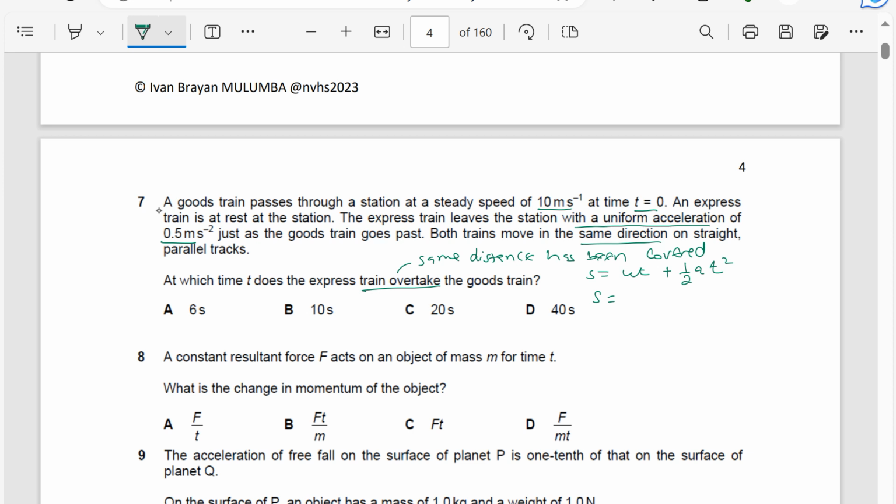So I'm starting with the express train. For the express train at rest, this is going to be a half times the acceleration, since the express train leaves with that acceleration. So the acceleration is 0.5. Then the time they catch up is going to be t squared.